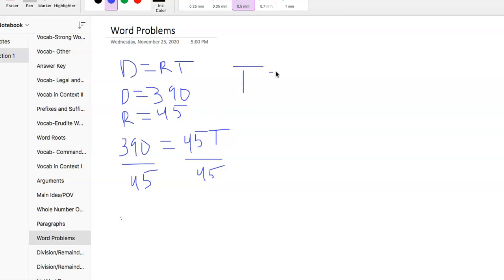When we do 390 divided by 45, we get T equals 8.66, so that's 8 and 2/3 hours. 0.66 is 2/3, and 2/3 of an hour is 40 minutes.